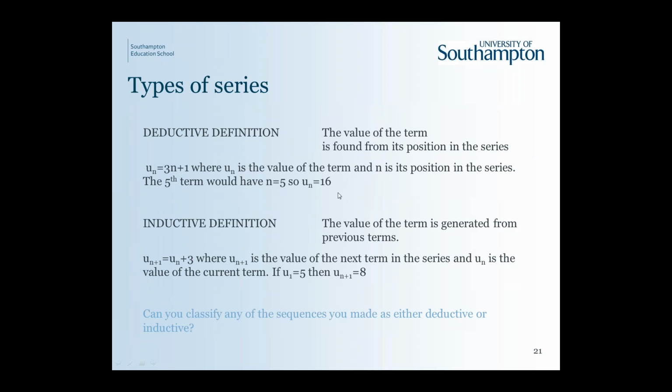Now, there are 2 ways at AS that they describe series. I'm talking about series and sequences, and we use the term interchangeably. But a sequence is basically just as you've always seen it, normally separated by commas, for example. That is a sequence. When you start to add those together, so when you add the terms of a sequence, it becomes a series.